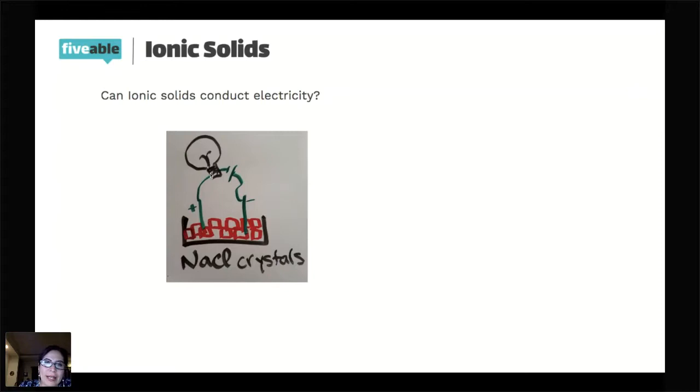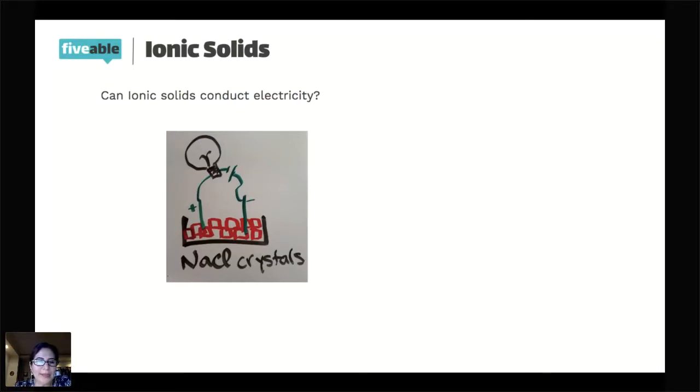Do you think the light bulb will turn on if it's connected in this way?